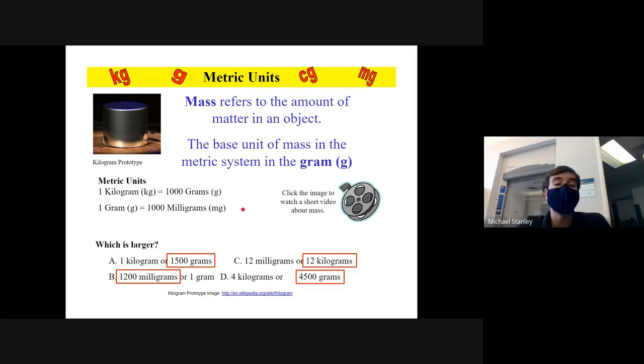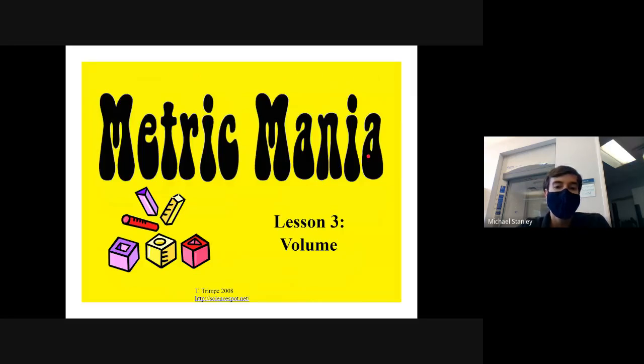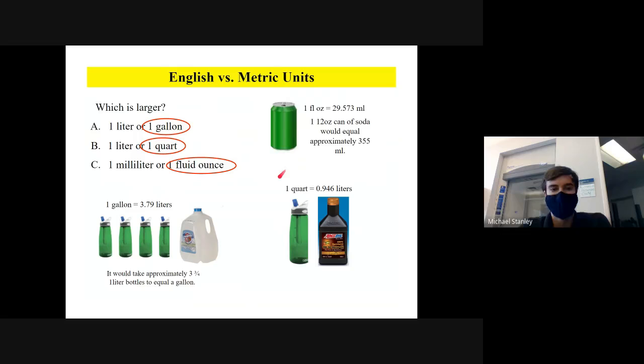So up next, the final basic type of measurement that scientists like to make about matter is the volume, how much space that matter takes up. You may have heard of some of these volume units before, because a lot of these you can find at a grocery store, right?